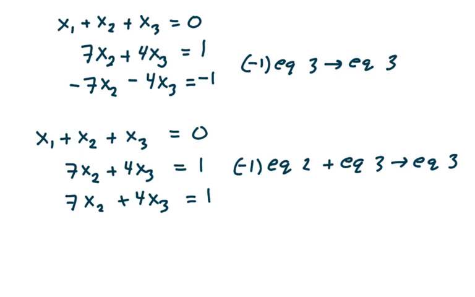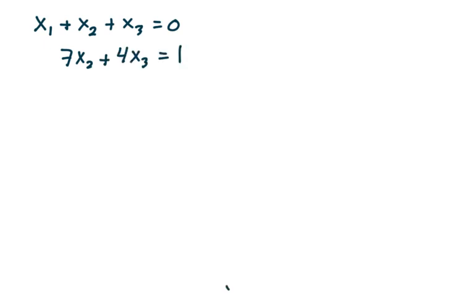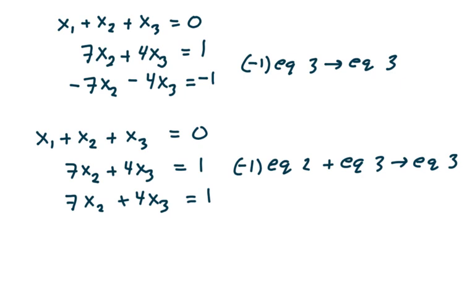I was going to take 1/7 as well, but I changed my mind. We'll do that on the next one. Let's keep it this way first. So what we end up getting is x1 plus x2 plus x3 equals 0. And then 7x2 plus 4x3 equals 1, right? And notice how equation 3 basically disappears.